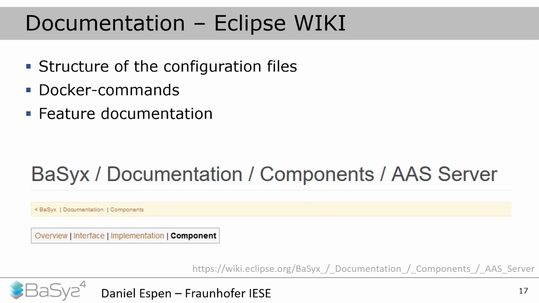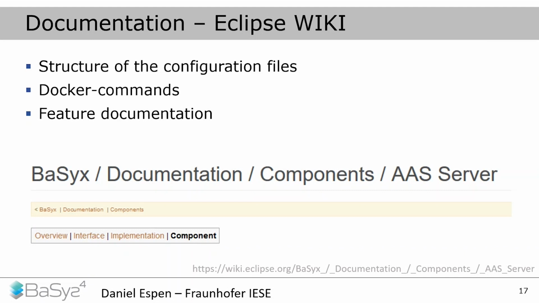They also provide a wiki instance where you can find all kinds of information about BaSyx and its components. So basically everything I'll say here in the quick start guide, you can also find in this Eclipse wiki. I would say it's the first point of information if you are looking for something with BaSyx.